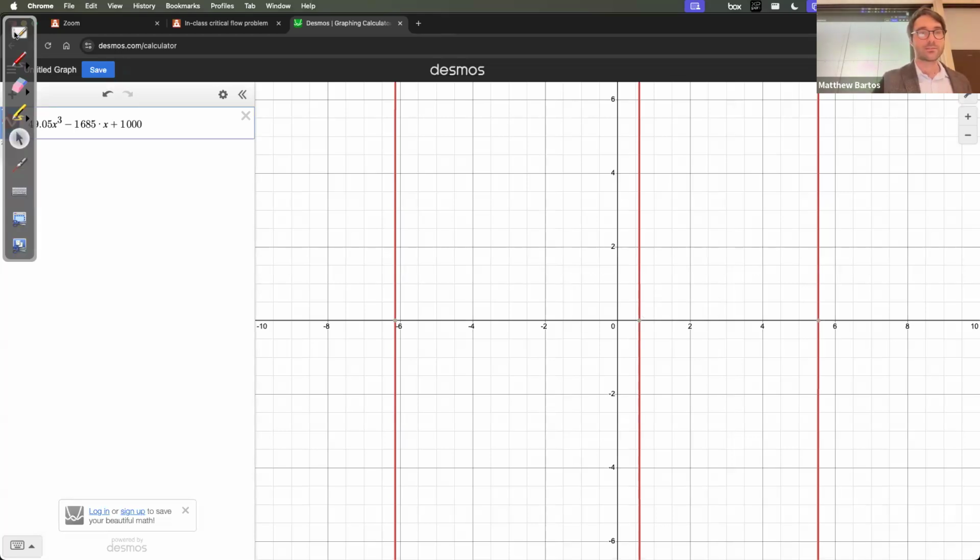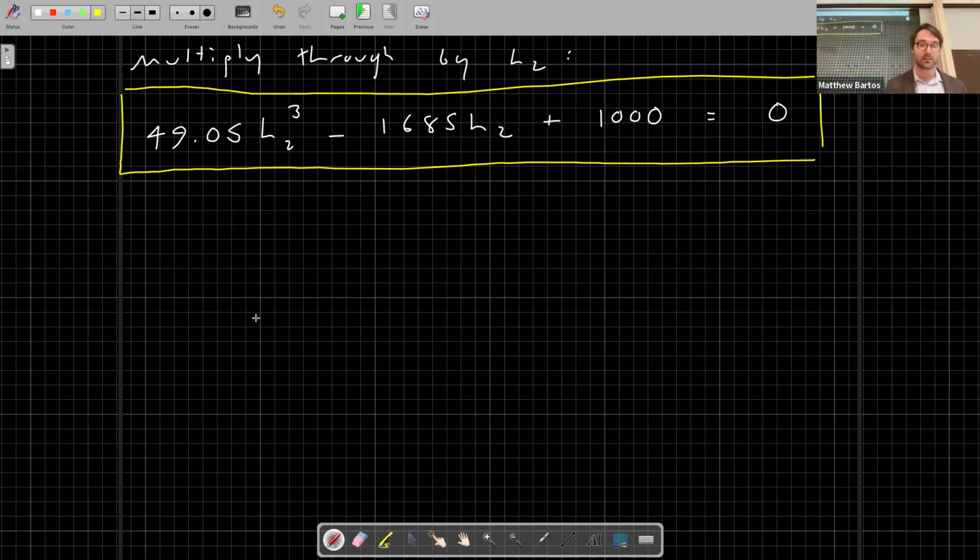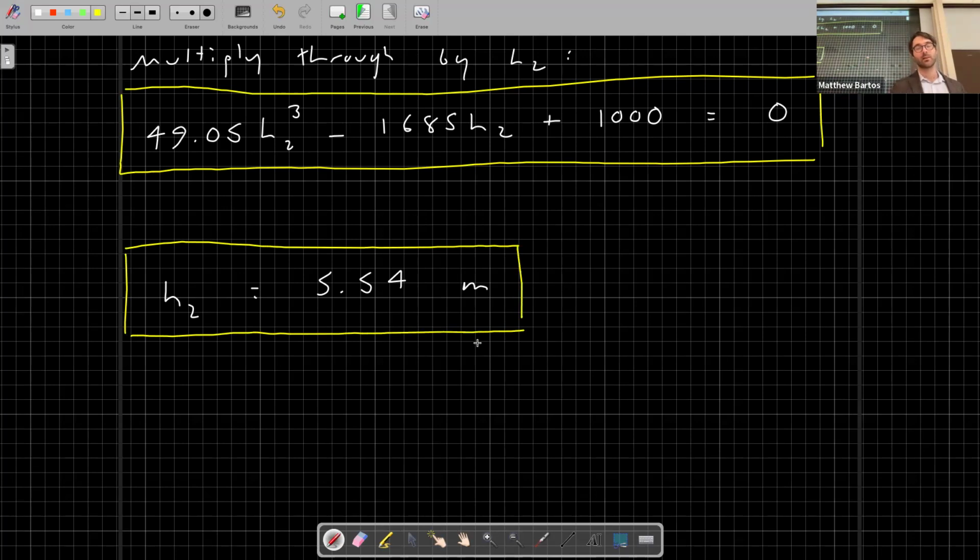So our answer is H2 is equal to 5.54 meters. So that's quite a big jump. We're going from less than a meter, about half of a meter, to 5.54 meters. That's what, like 16, 17 feet? So pretty big jump.